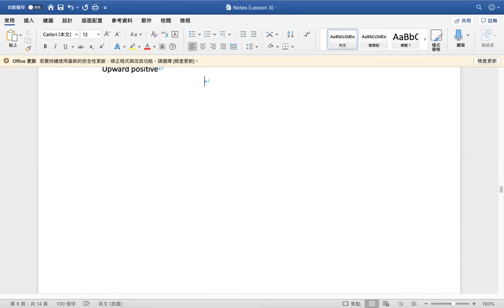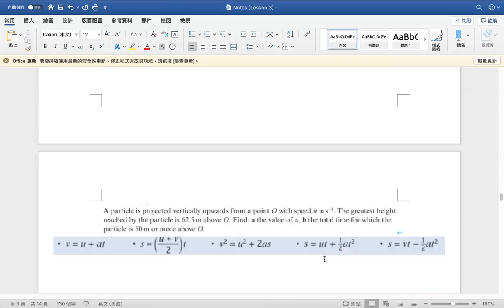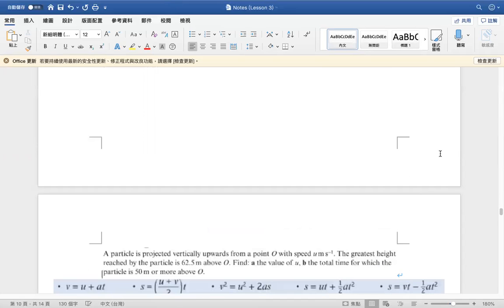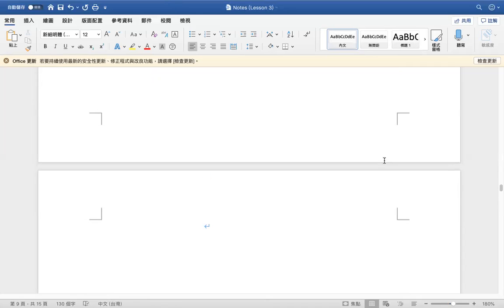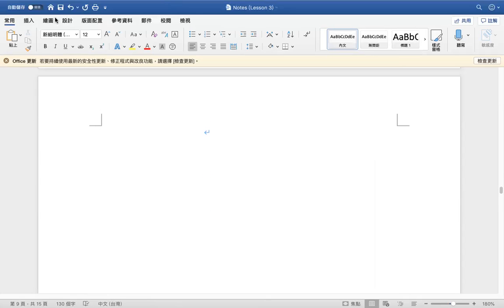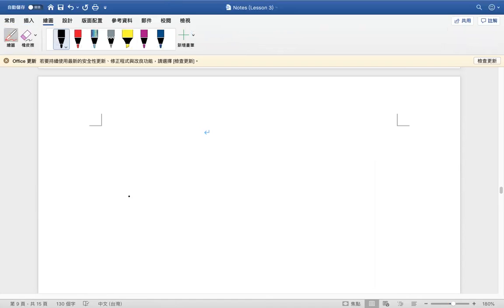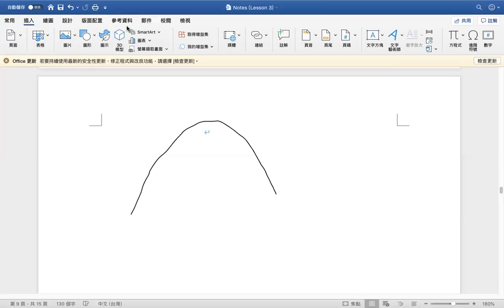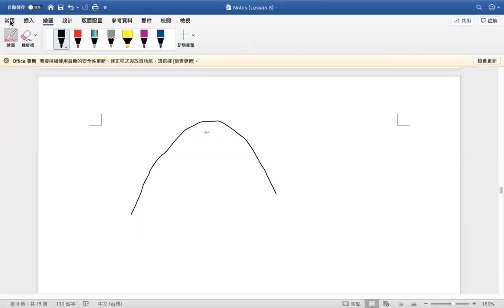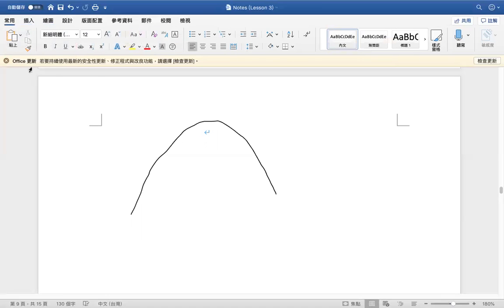For example, let's say you have a particle, and you project it outward, just like we did just now. And then maybe the question is asking for the time.